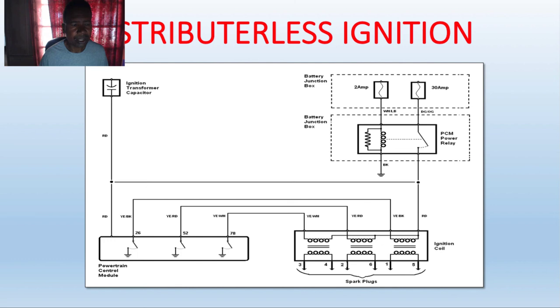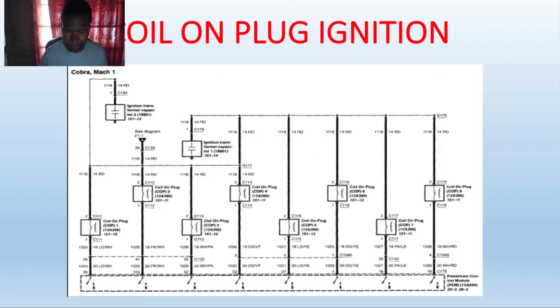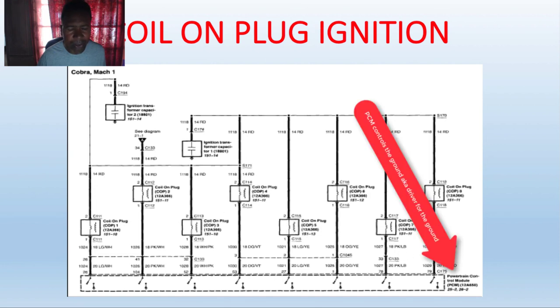Now here's the coil and plug system. Look, no distributor cap, no distributor, no wires. It's just a coil that sits on top of the plugs. And here's a wiring diagram of the coil and plug. We have, what's this? 8 coils? 1, 2, 3, 4, 5, 6, 7, 8 coils.